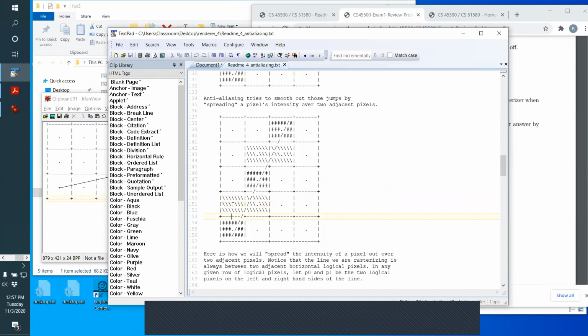But what's a nice common sense rule for how to light up those pixels? Use them both at half intensity. Okay, that's a common sense rule, since somehow it's between the two of them. So why not give this half the intensity and this half the intensity?